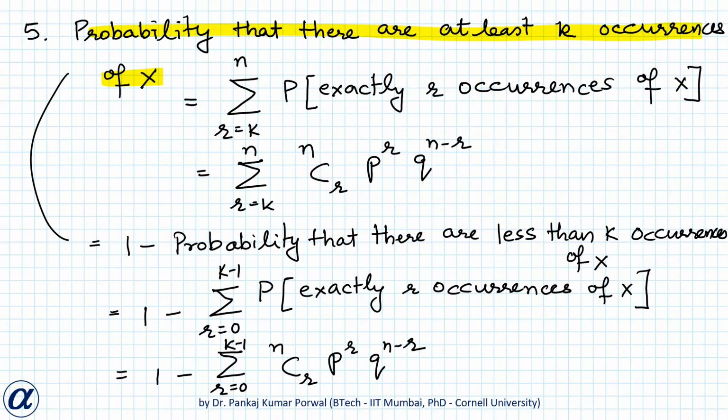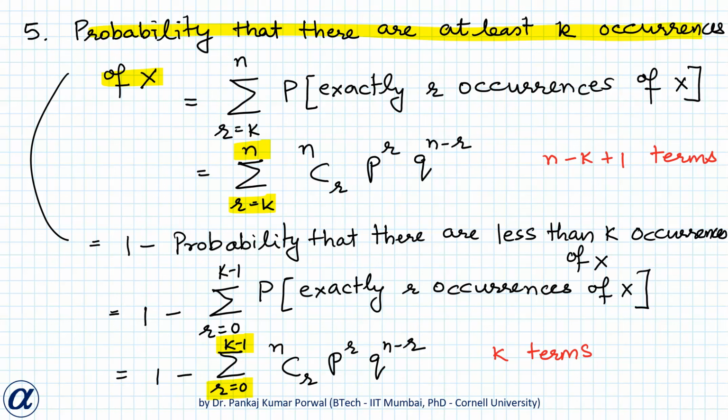Now here in the sum from r equals k up to n, we have n minus k plus 1 terms, and in the sum from r equals 0 to k minus 1 we have k terms. It is common practice to write the probability in terms of the sum with fewer terms.